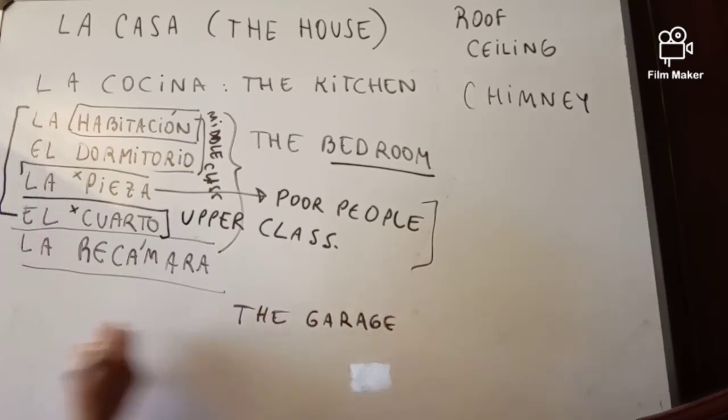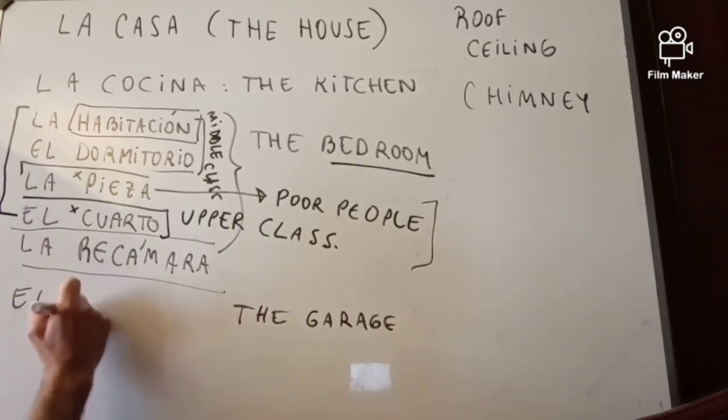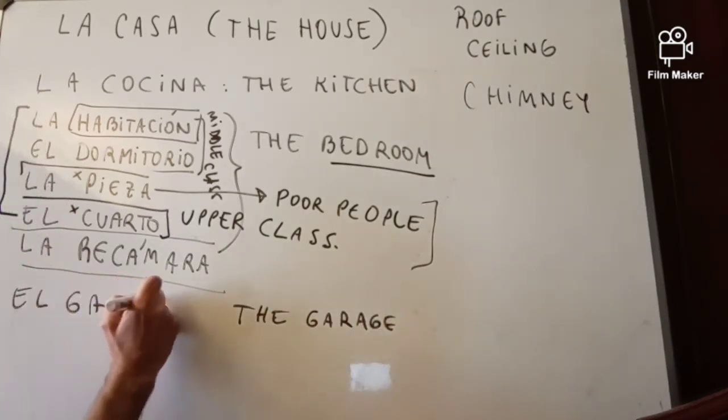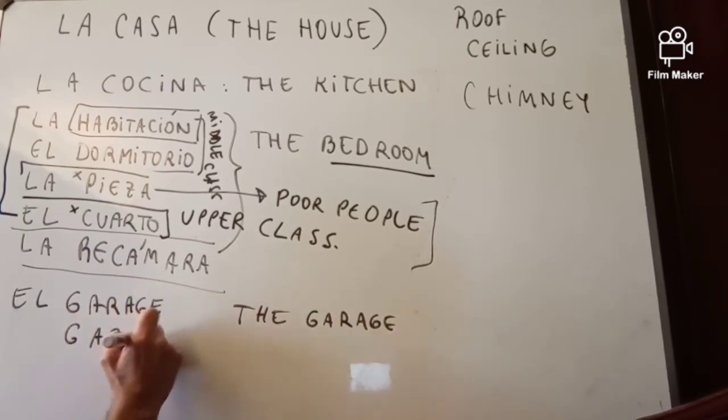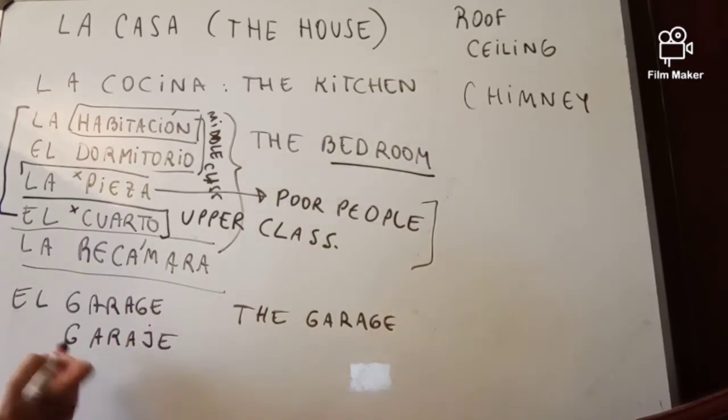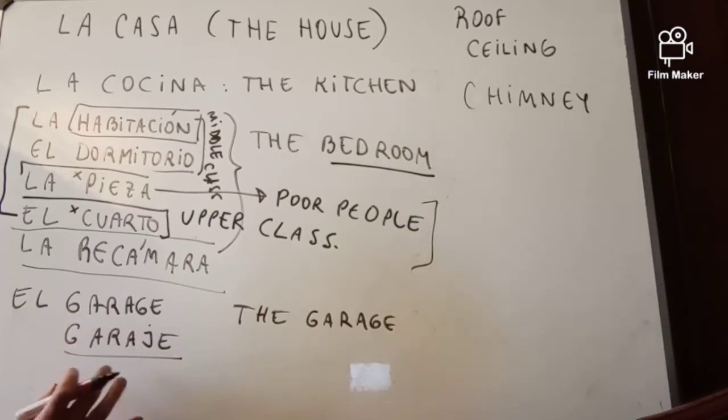Well, we say el garage. We can write it like this or like this. It's okay in Spanish. In this case, we say el garaje, the way it's written, el garaje.